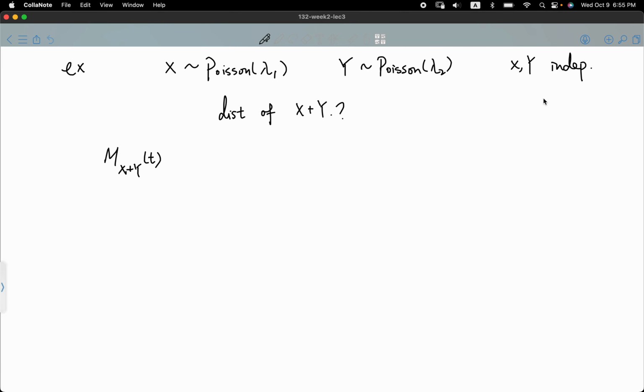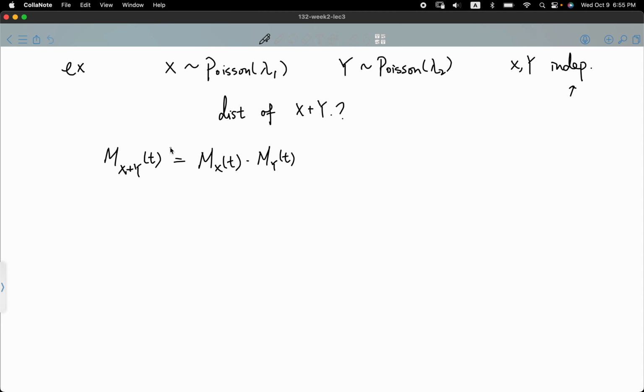And because we know that they are independent, we can rewrite the moment generating function for this sum as the product of the moment generating function for each of them. So here I'm going to write the moment generating function for x and then for y, and their product.